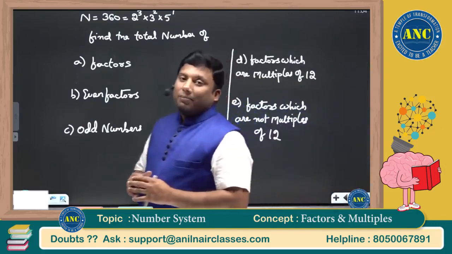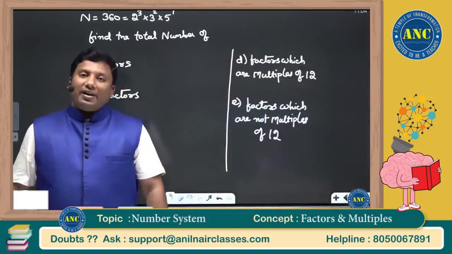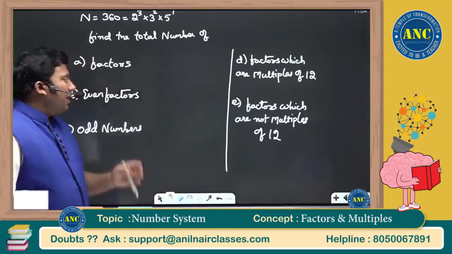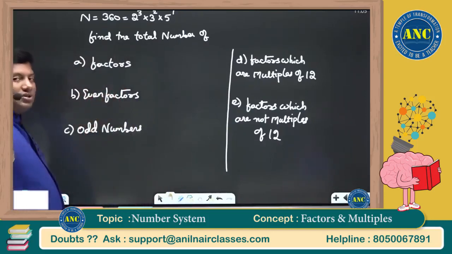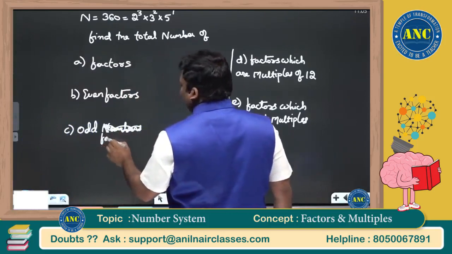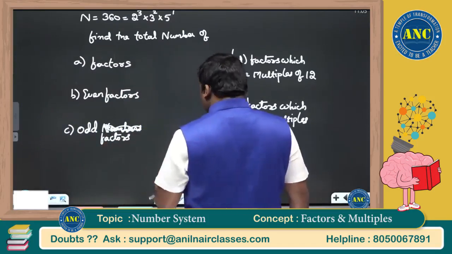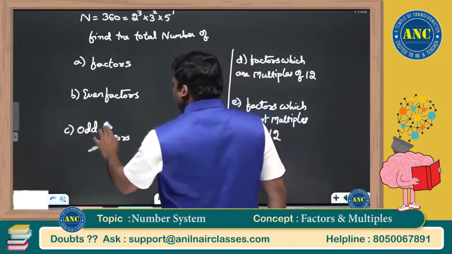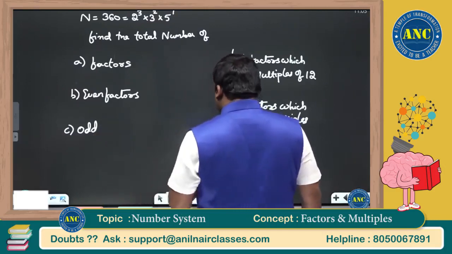Suppose you take a number, the number will have a lot of factors. In those factors, there are some factors which are even numbers. There are some factors which are odd numbers. Odd factors. Listen carefully.